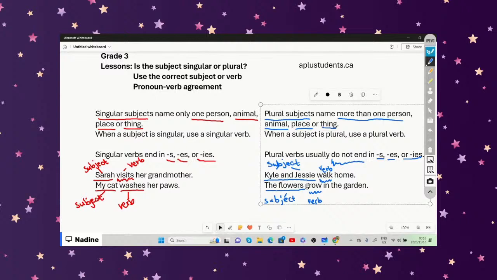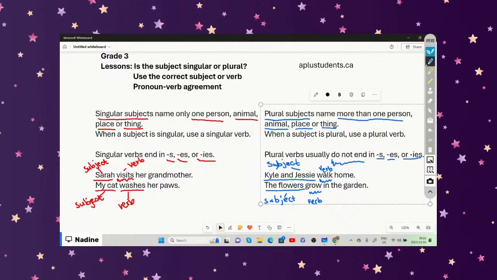So that is basically our singular subject or plural subject. That's our singular as well as plural subject, and we made examples. Once again, a singular subject only names one person, animal, place, or thing, whereas a plural subject names more than one person, animal, place, or thing.